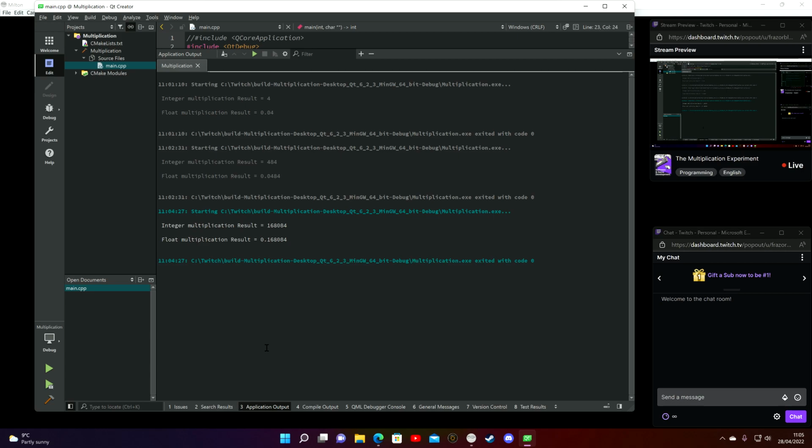Babbage's idea was correct, but the implementation of the idea is flawed. And I'll show you. Because this is doing what we expect, 4 to 0.04. 484, 0.0484. 168084, 0.168084. Oh, it's working.